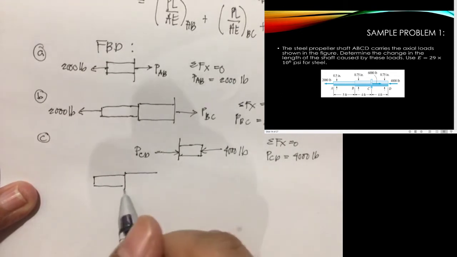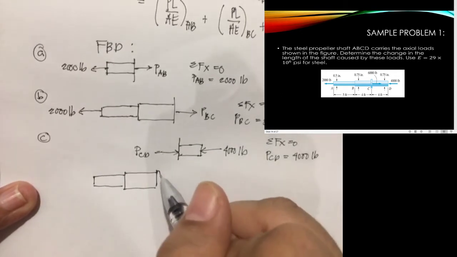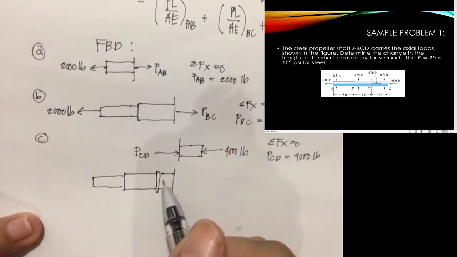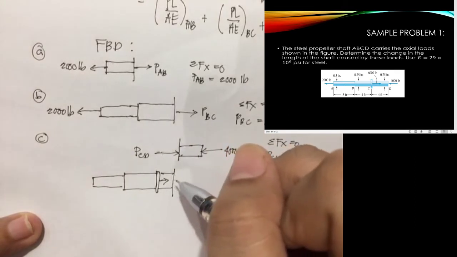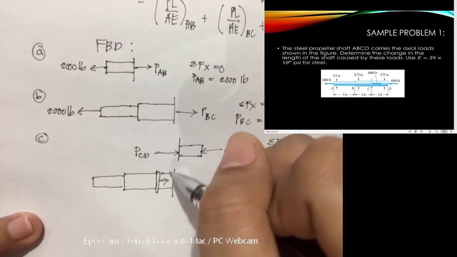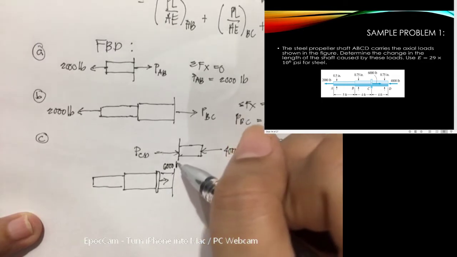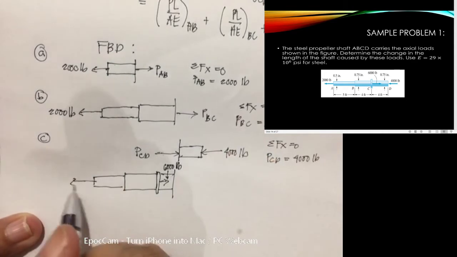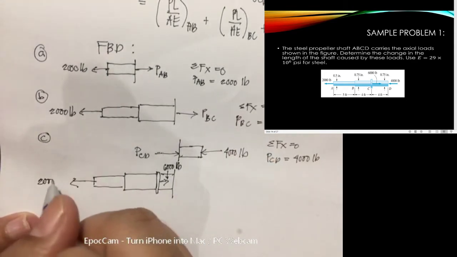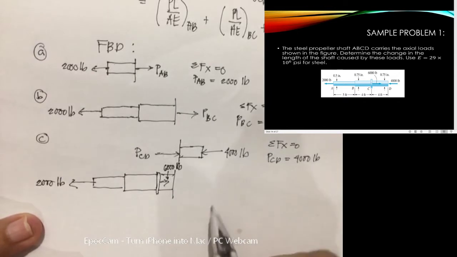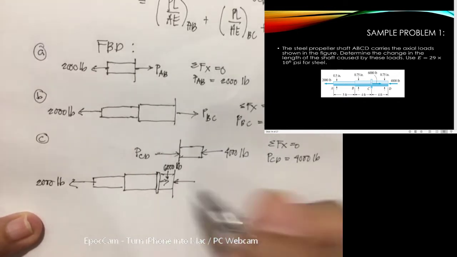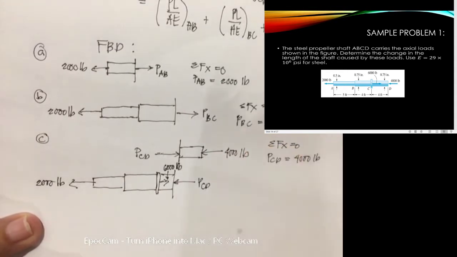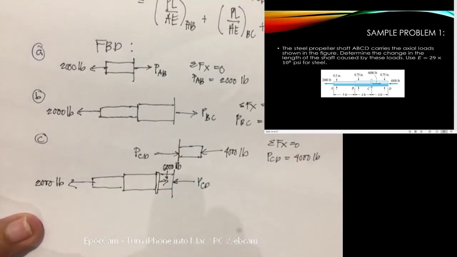Okay? So, we have here 6,000 pounds. This one, here. Then, we also have the 2,000 pounds here. And to counter those forces, we have the PCD, the applied load at section CD.